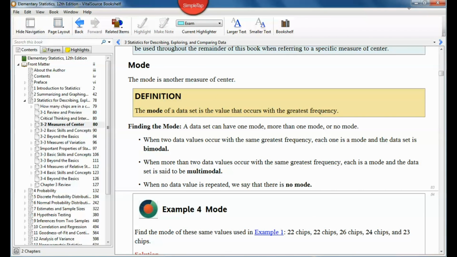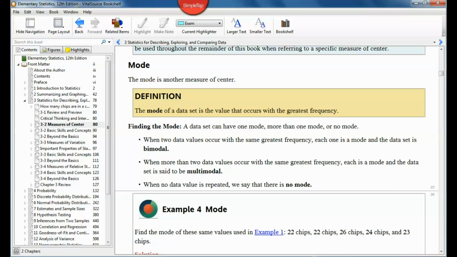All right. A data set can have one mode, more than one mode, or no mode. You don't have to have a mode for a data set. If you have two data items that occur with the same greatest frequency, then each one is a mode, and your set of data is said to be bimodal. That means that like a bicycle has two wheels, bimodal means you have two modes. So if you have three, is that trimodal?